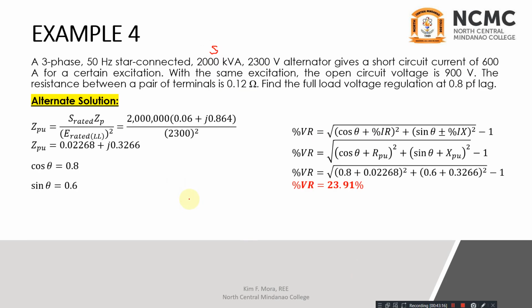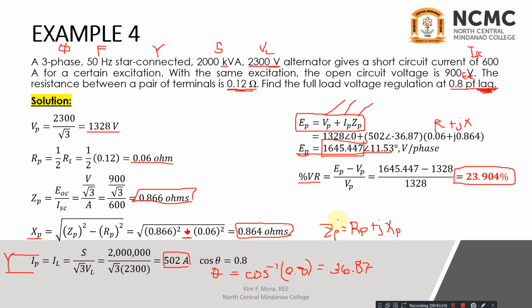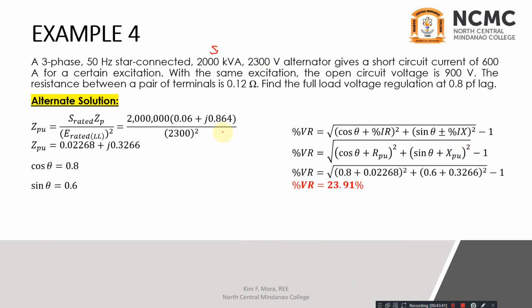0.866, no? ZP tara. Kani complex nga impedance ang gamiton, which is 0.06 plus j0.864, complex nga impedance over our E rated, no, that is in line to line, no, this is already in line to line man siya, no, so 2,300 squared.